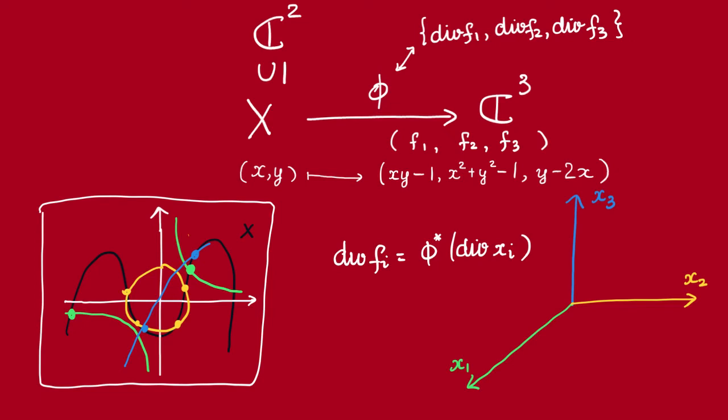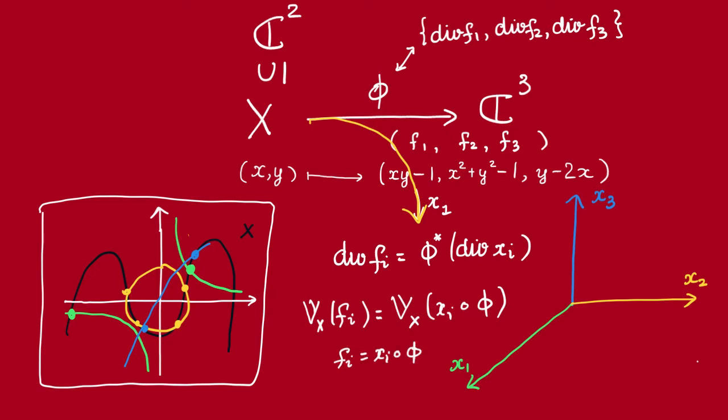Basically, we are taking this composition and setting it to 0. So the zeros of Fi are just the zeros of xi composed with phi, because that is what Fi is. By definition, Fi is xi composed with phi.